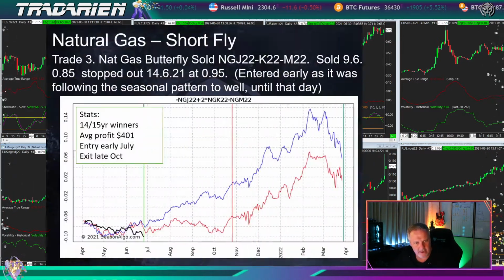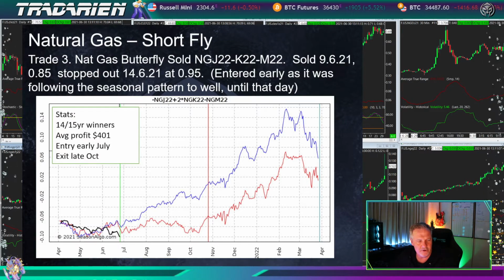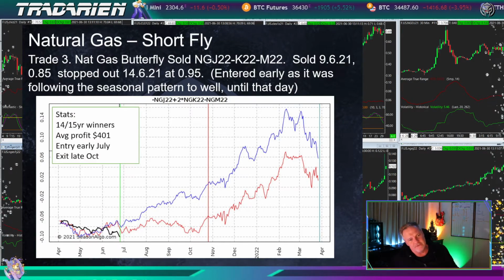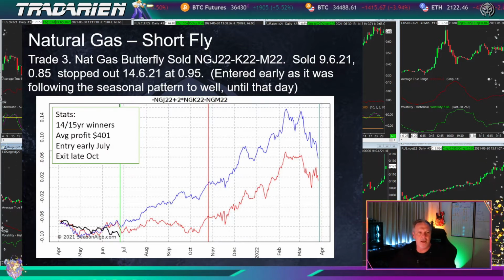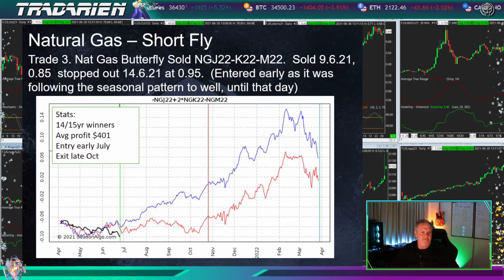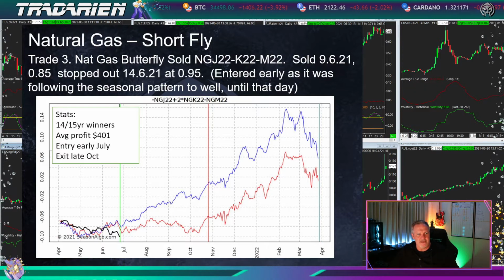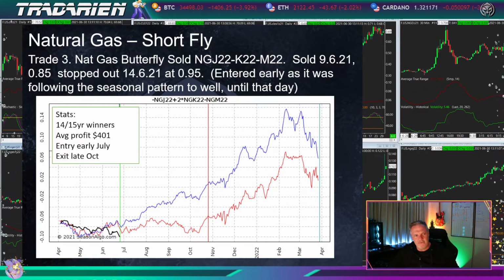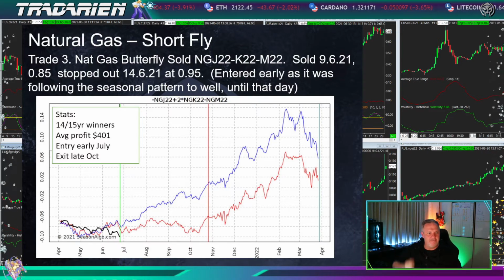Back to the trade. So I entered the position early. Let's talk about that seasonal trend. Again, this chart shows a 15-year pattern, which is the blue line, and a 5-year pattern, which is the red line. When you first look at it, you think, wow, that looks great, that spread. But when you look closer, even that 5-year pattern is not that exciting for the next few months.